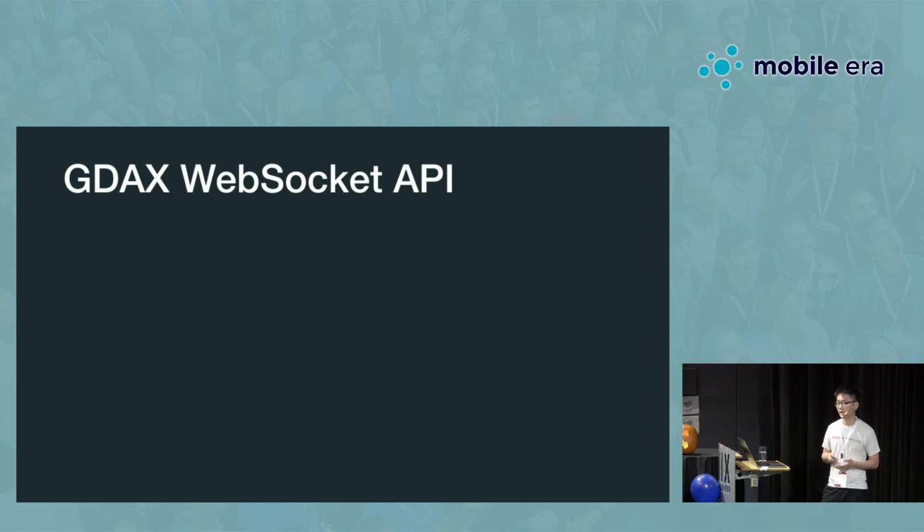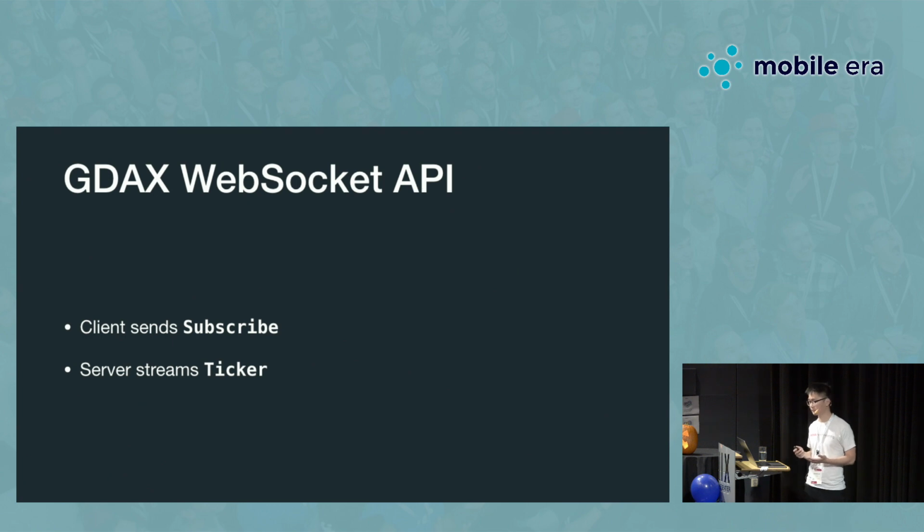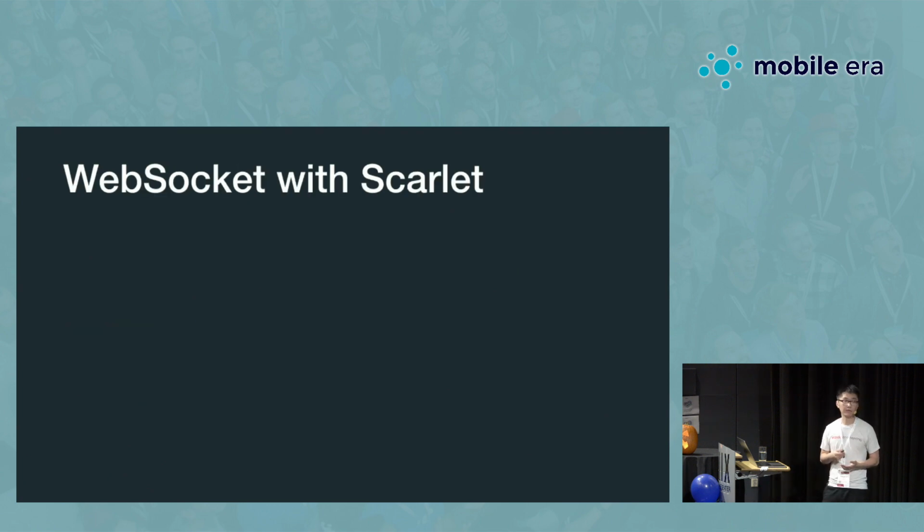According to the documentation from GDAX, after the connection is established, the client should send a subscribe message to the server. After that, the GDAX server will send us tickers in real time. Let's dive right in.